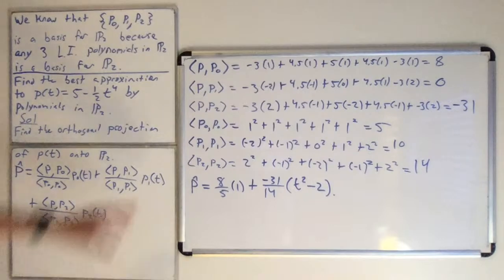I know this question had a lot of computation to it, but this is identical to what we've been doing last week. This idea of orthogonal projection. Just because we have a different vector space and a different inner product doesn't mean our concepts of orthogonal projection don't work anymore.